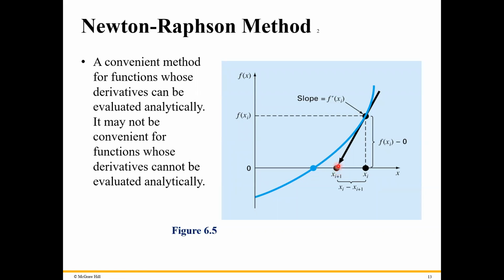From this point, you will go to this point over here, and then we will draw another tangent over here, and we can see that in this way we will be getting closer to the solution in a very quick way. Okay, so this is the Newton-Raphson method approach over here.